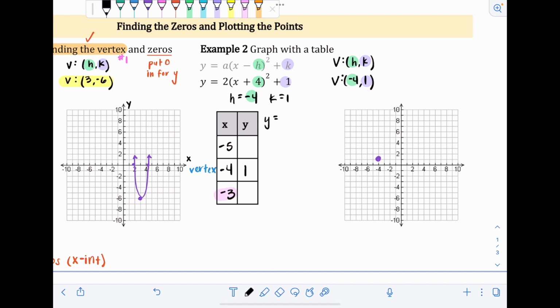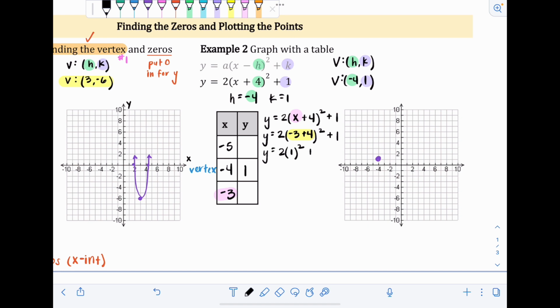So I'm going to rewrite my equation right here and then put in -3 for x. The equation itself is y equals 2 times (x plus 4) squared plus 1. I'm going to put a -3 in for x, and then simplify. So y equals 2 times (-3 plus 4) squared plus 1. I need to follow order of operations, so I simplify the inside of the parentheses first. -3 plus 4 is 1.